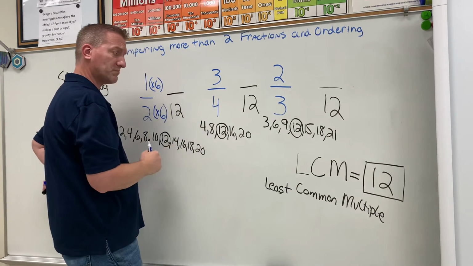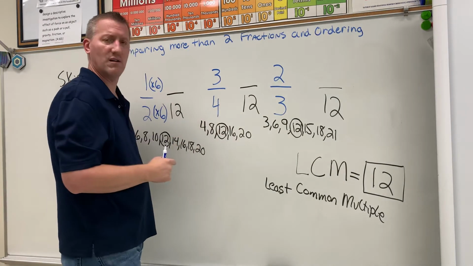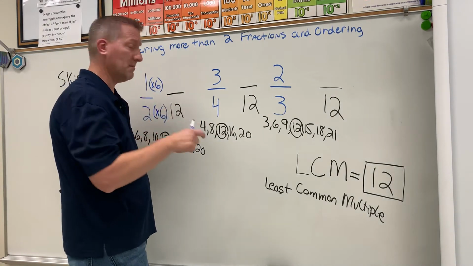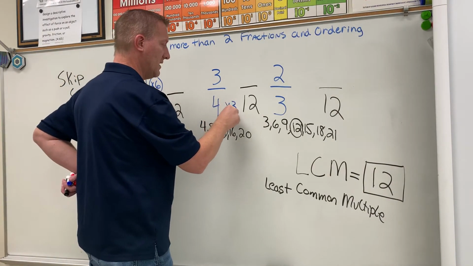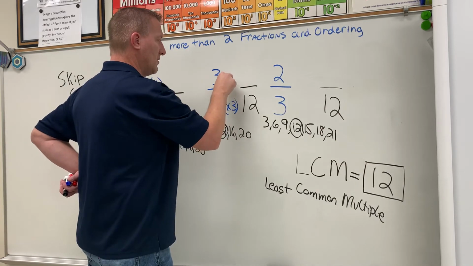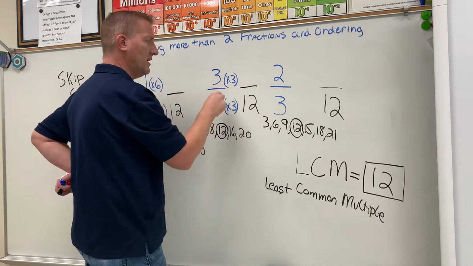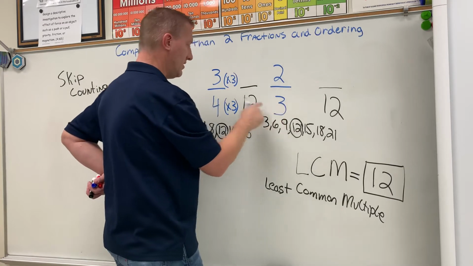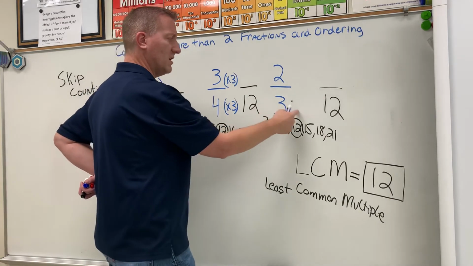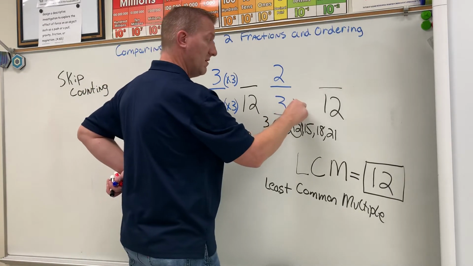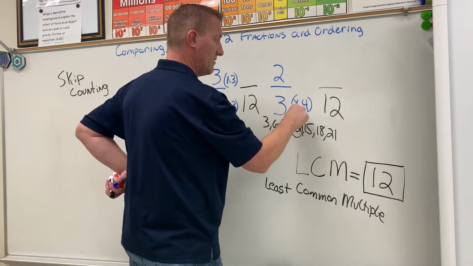All right, 4 times what gets me 12? Yep, 3. Very good. So I have to do the same thing to the numerator. Over here, if 4 times 3 is 12, then 3 times 4 is 12, right?